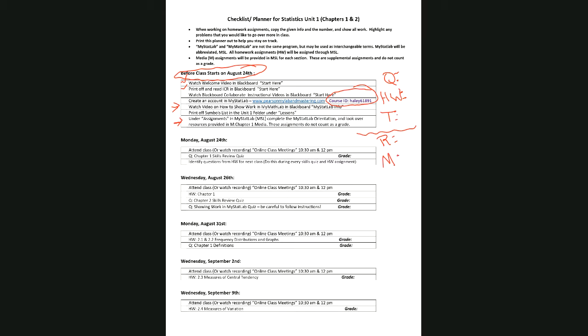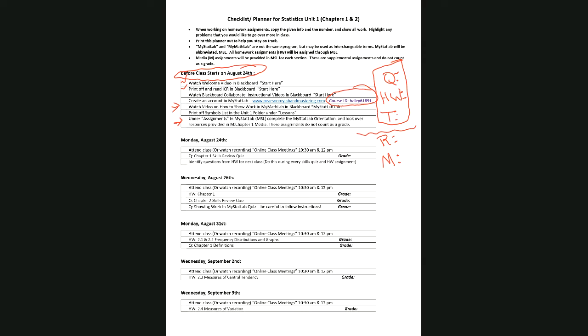M is a media assignment, and those are not required. That's just a quick way for you to get to the PowerPoint or video or other helps that are provided in my stat lab. So these top things are for a grade. Those are the things you need to make sure that you do.